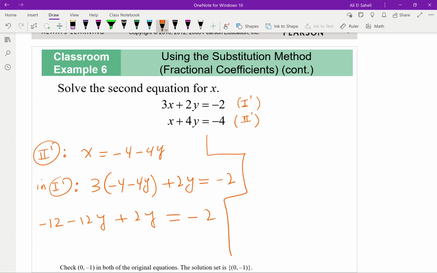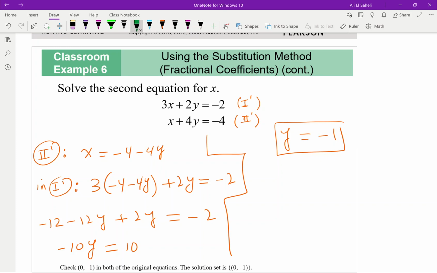Minus 12y plus 2y is minus 10y, equals minus 2 plus 12. Take this to the other side, becomes plus. Minus 2 plus 12 is 10. So y equals minus 1.